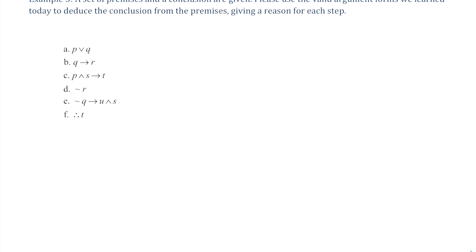And so we're going to use the valid argument forms that we learned today to deduce the conclusion from the premises, giving a reason for each step. And we may or may not be going in order here. It just depends on what happens, right?